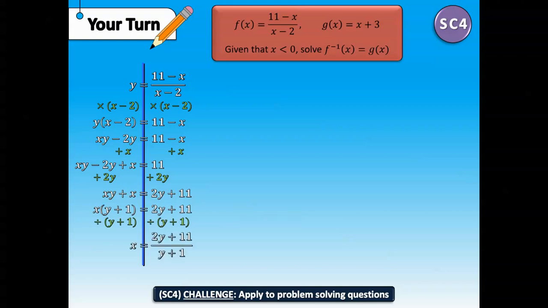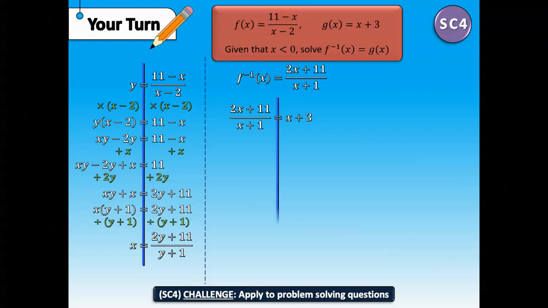So x equals 2y plus 11 over y plus 1. So f minus 1 of x equals 2x plus 11 over x plus 1. We make that equal to g of x, so x plus 3. And then we need to solve it.